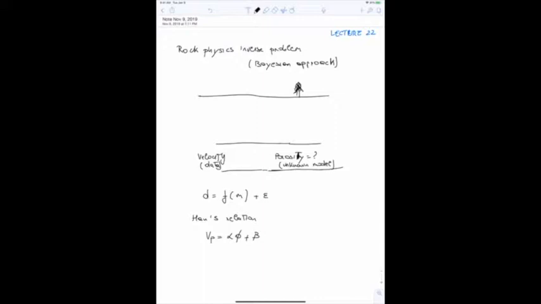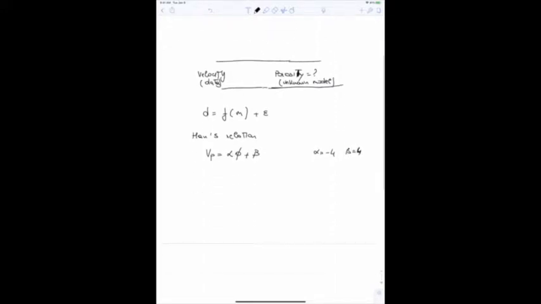But for example, if you take alpha equal -4 and beta equal 4, you get some sort of accurate prediction. So this is porosity, this is velocity.